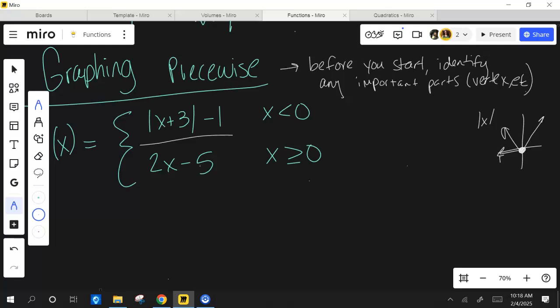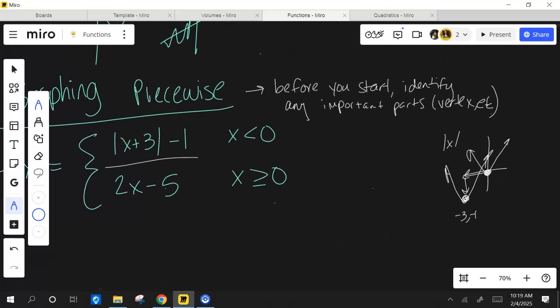If I go left 3 and down 1, this is at -3, -1, and then I have my absolute value. The parent graph slid left 3 and down 1. Before you start, you need to think about any important parts of that graph, the vertex of an absolute value, for instance. So I know that the vertex of this graph is at -3, -1. Is that in my interval?